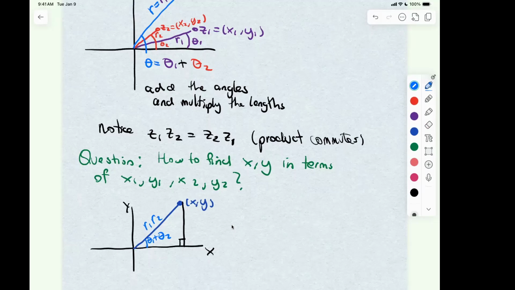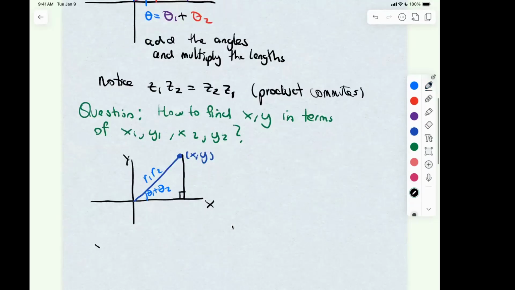So what does polar say in this case? It says that X is R cosine of theta. So what is X here? X is R, but what is R in this case? R is this number, so X is R1 R2 times cosine of theta, but what is theta? Theta1 plus theta2. And literally this is just polar.